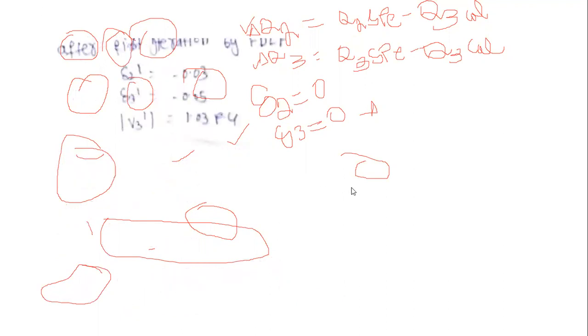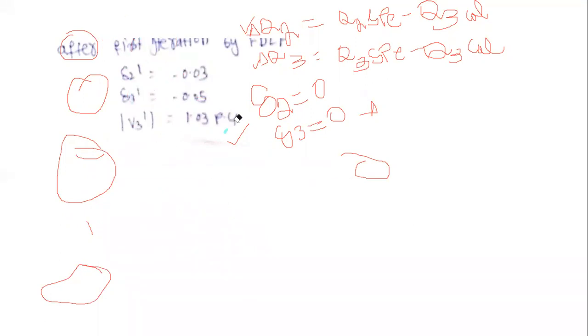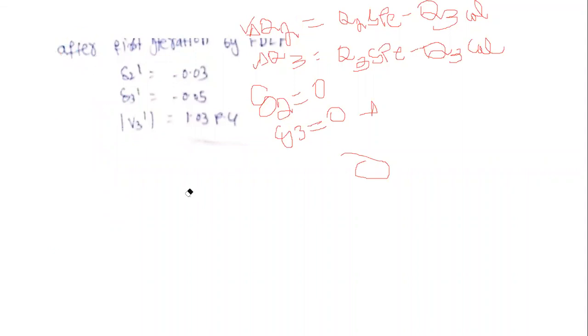After the first iteration, which parameters will be determined? That is delta 2 dash, delta 3 dash and V3 dash. These parameters will be determined after the first iteration process.